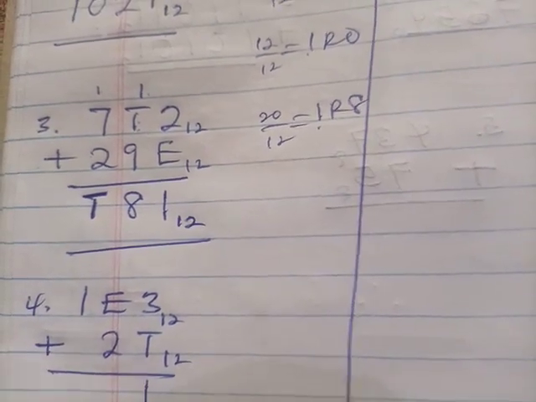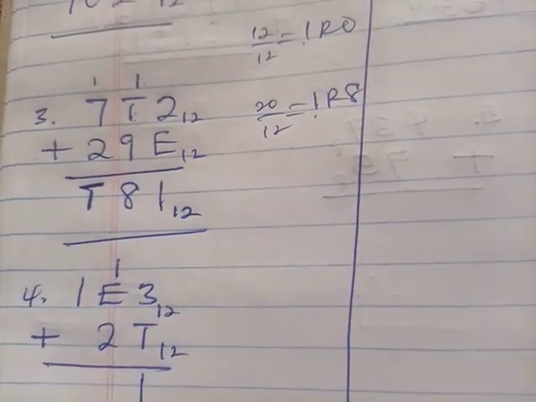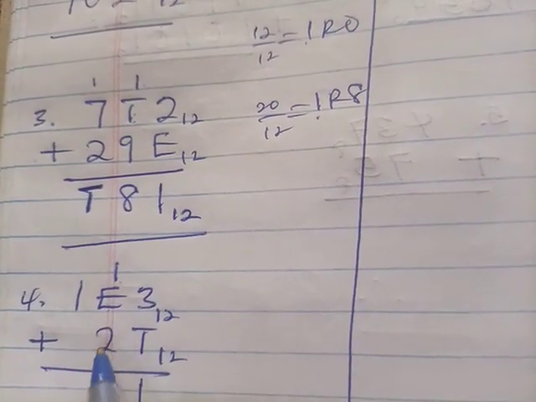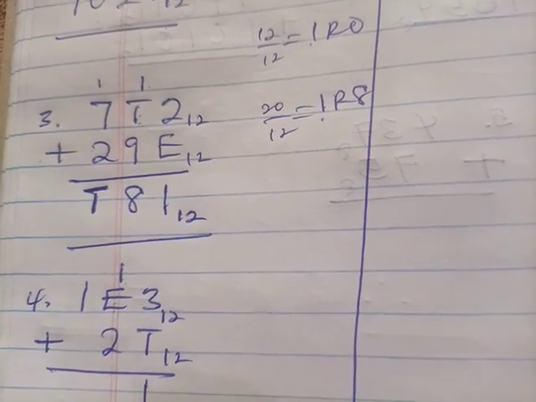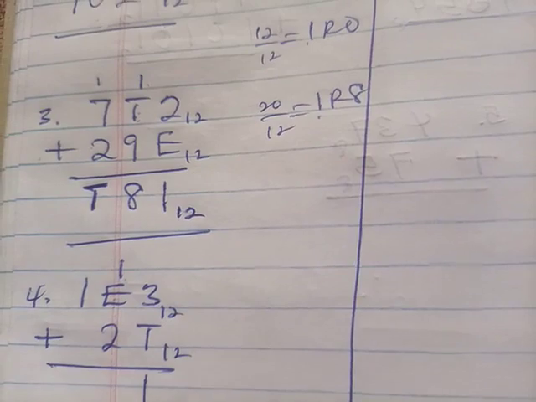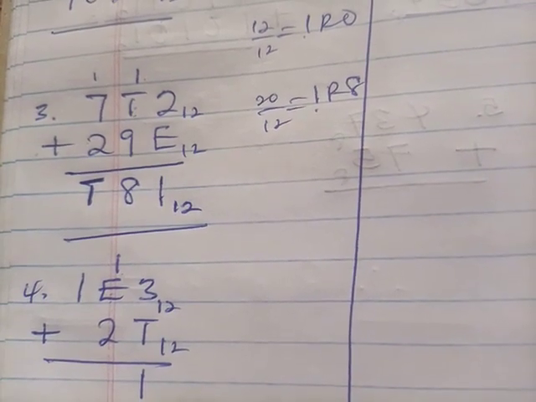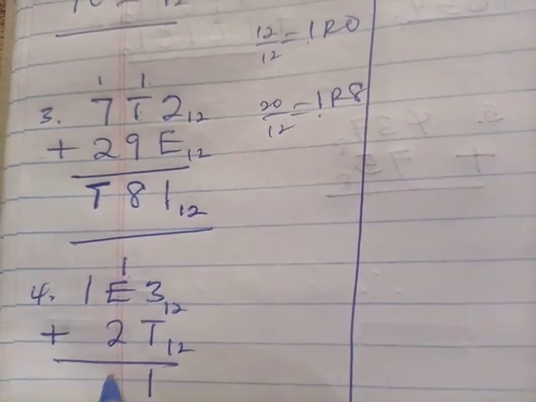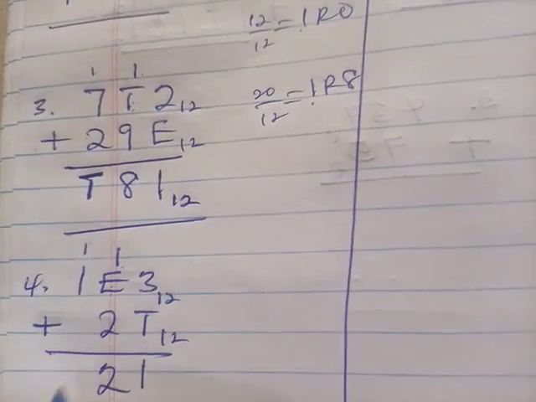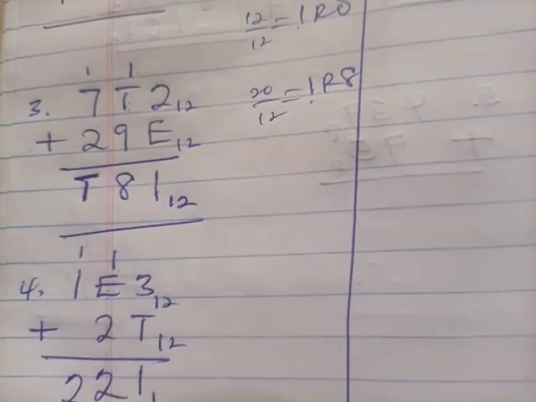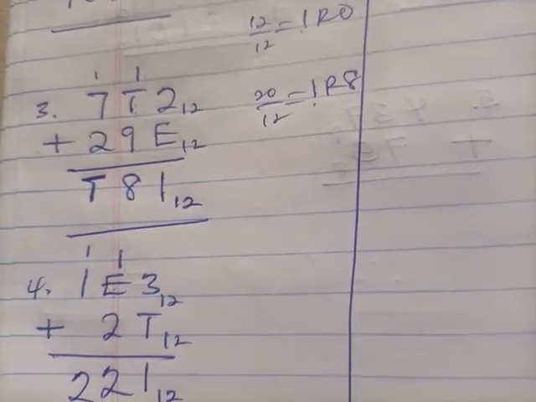So write the remainder 1 here, and the quotient 1 will be added here. 1 plus e plus 2. E is 11, so 12, 14. So 14 in base 12, 12 goes into 14 one time, remainder 2. So the remainder 2 here, and the quotient 1 will be added here. 1 plus 1 is 2. So that's the answer.